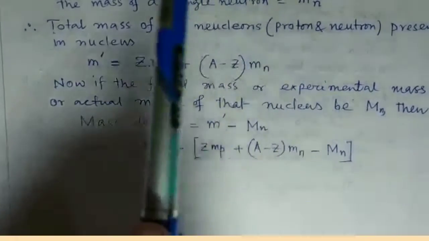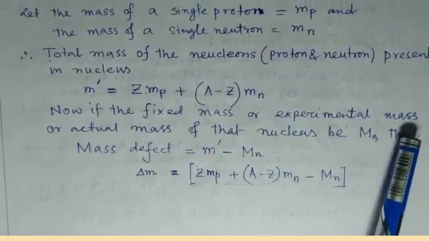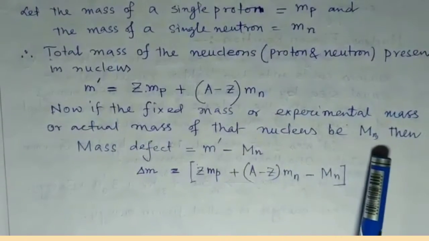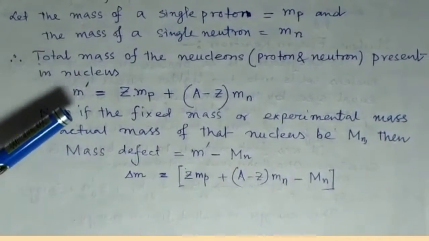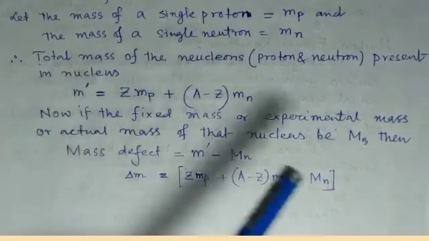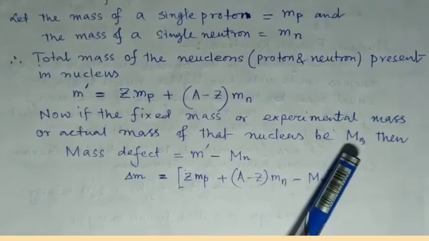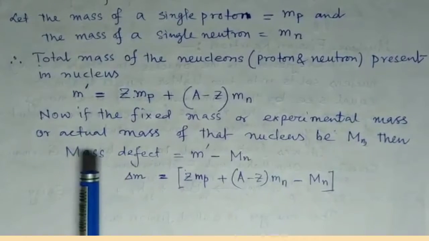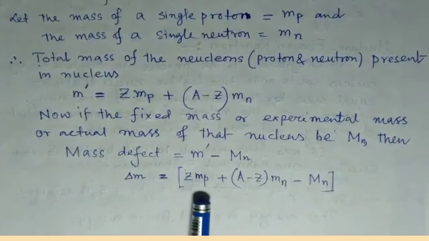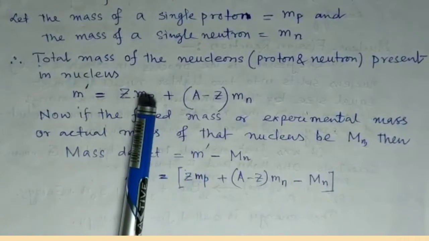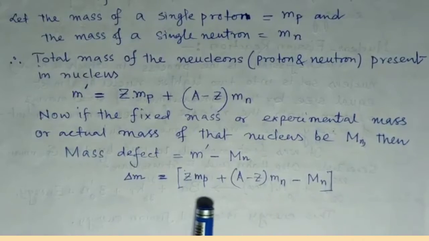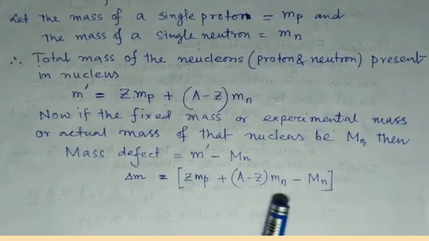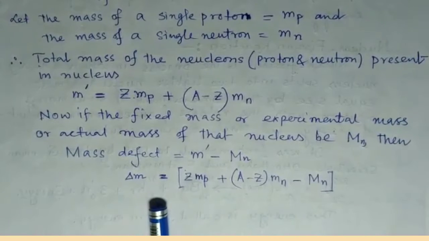Now, if the fixed mass or experimental mass or actual mass of that nucleus is Mn dash, then mass defect is equal to this total mass minus the actual mass. We denote mass defect by delta M. Delta M is equal to M dash, that is Z Mp plus (A minus Z) Mn, minus Mn dash. This is the mathematical expression of mass defect, which is very important for nuclear reactions and nuclear phenomena.